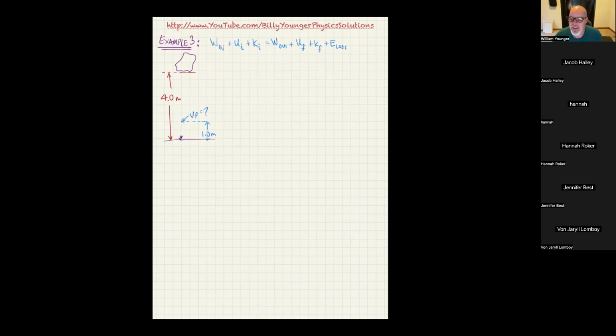So I allowed 2 different terms in that case. Again, the work out could represent 20 different terms, and the E loss could represent 20 different terms or 5 terms or whatever. The main thing is, if you see anything that's removing energy from the system, you want to put it on the right-hand side and make it positive.